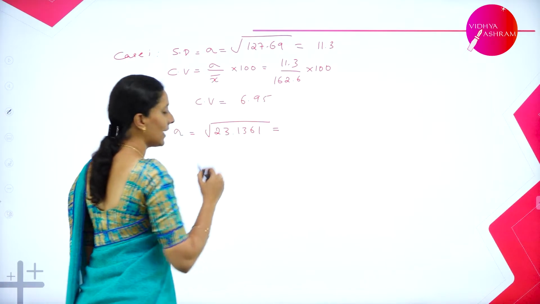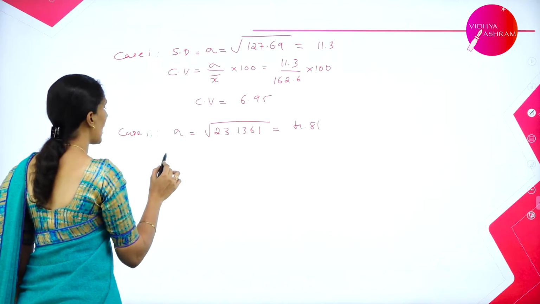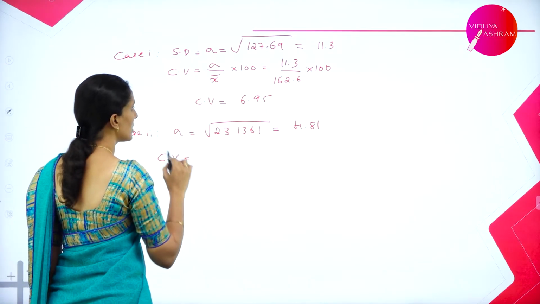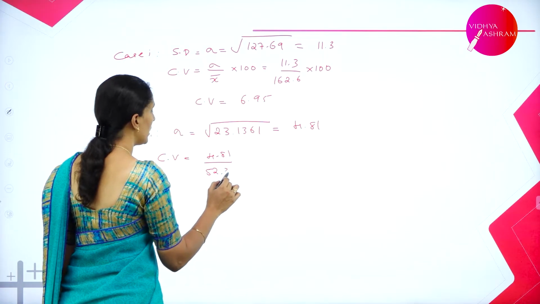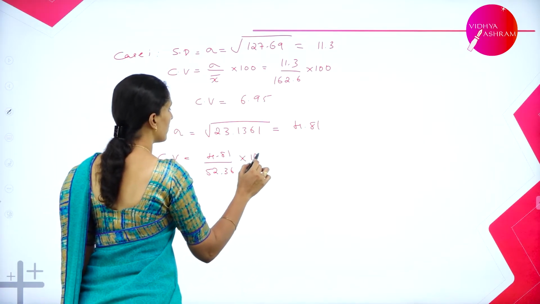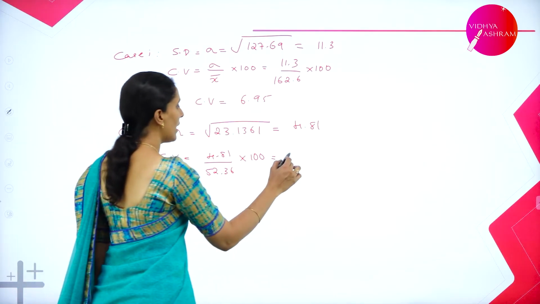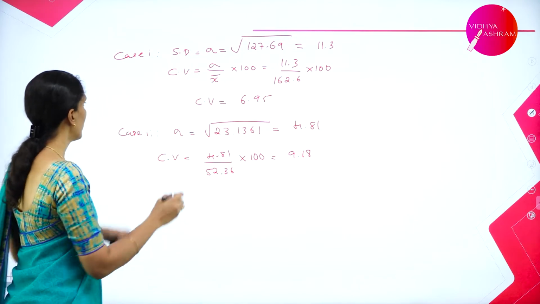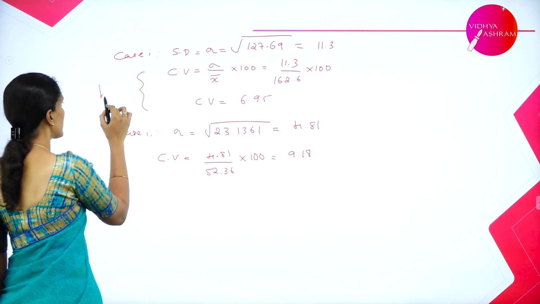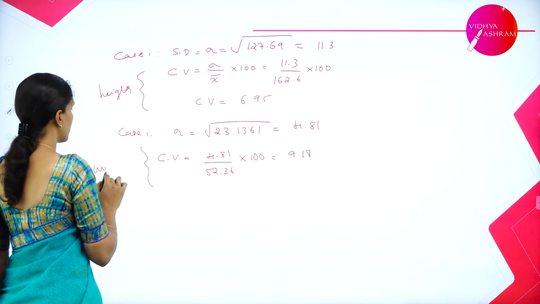When you calculate this, it is 4.81. Now let's calculate CV: sigma is 4.81, and x bar is 52.36, into 100. Solving this, the value is 9.18. Now this is about heights and this is about weights.